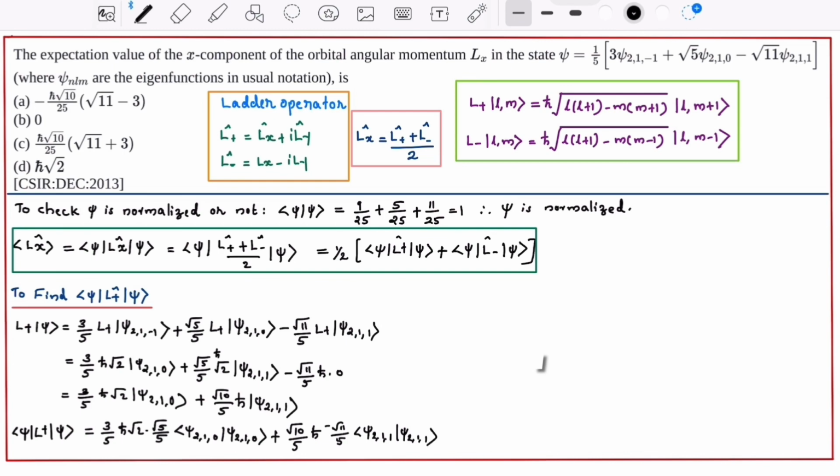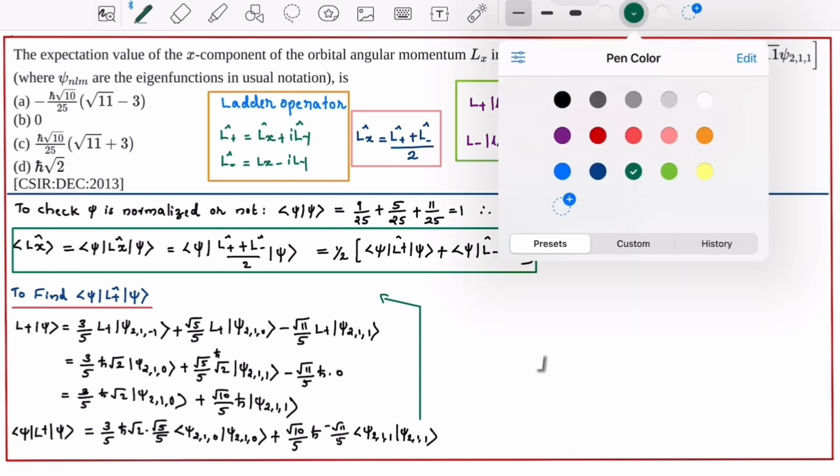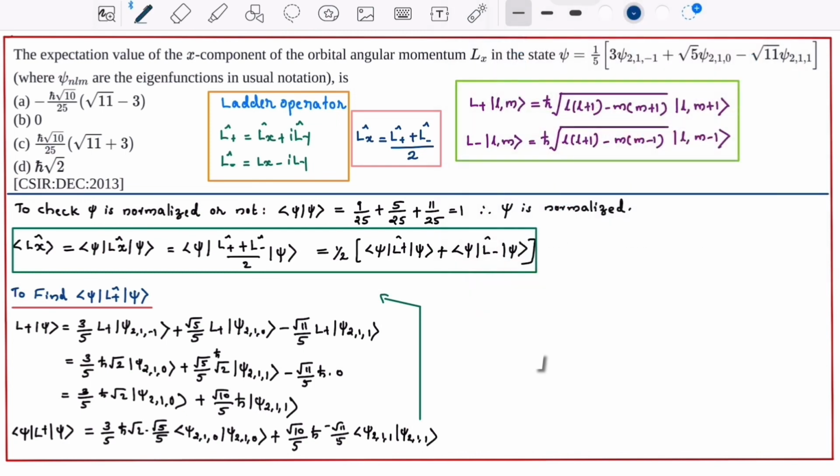Now the inner product of psi 210 with itself is 1, and the inner product of psi 211 with itself is also 1. Therefore, after simplification you will get the expectation value of L plus equal to 1 by 25 root 10 times 3 minus root 11 h bar. This is the value of psi L plus psi.